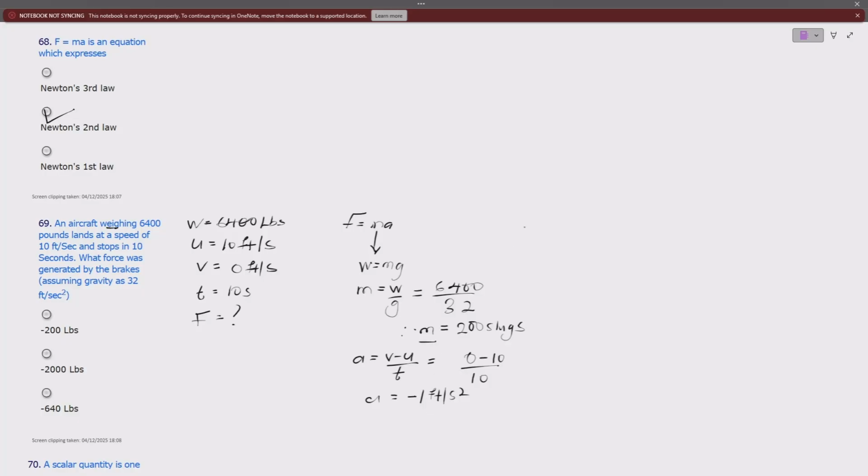So straight away you can find the force. Force equals mass times acceleration. Braking force equals mass, which is 200 slugs, times minus 1. That is going to give you minus 200 pounds force. So that is the correct answer.